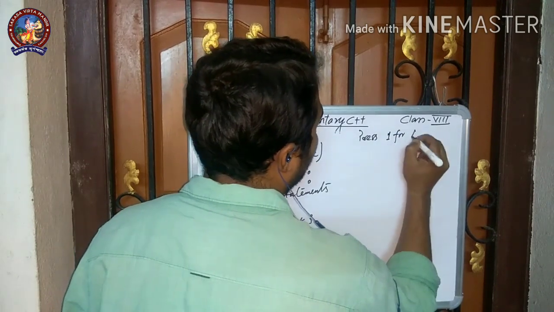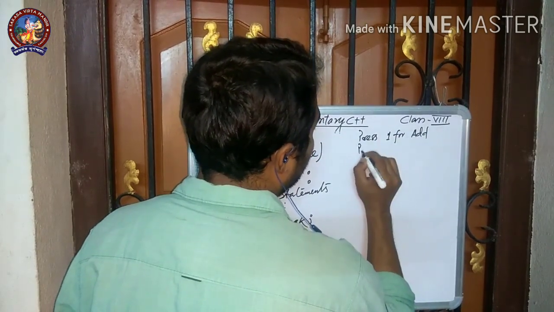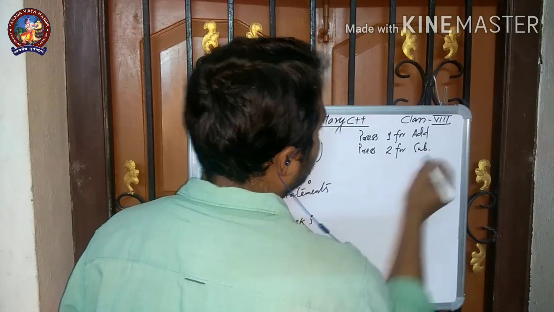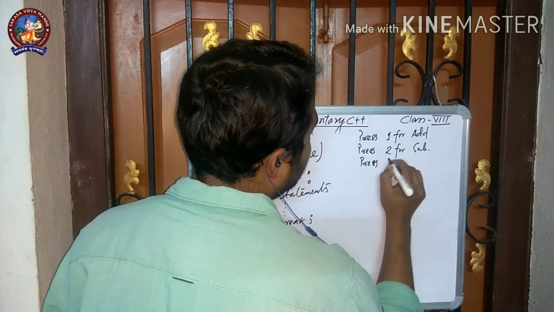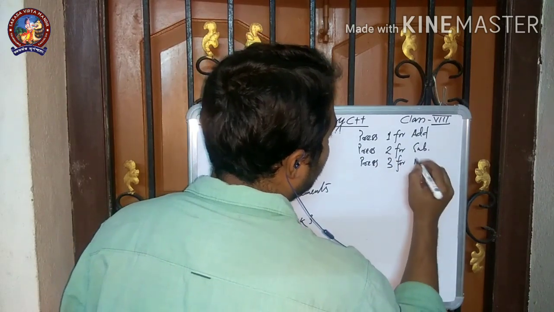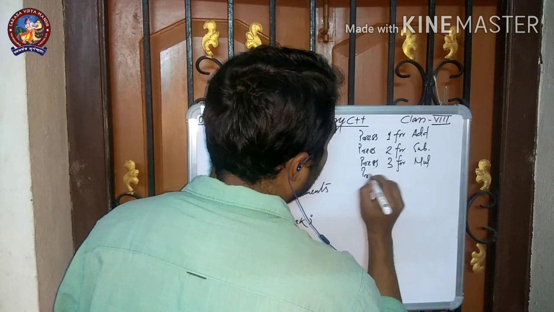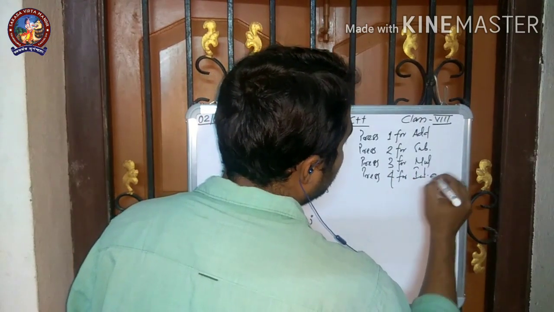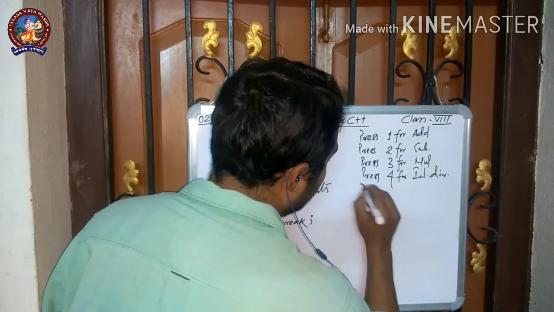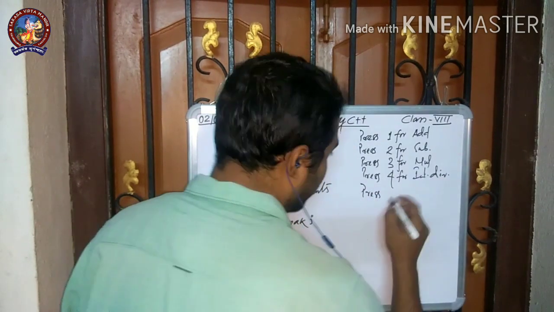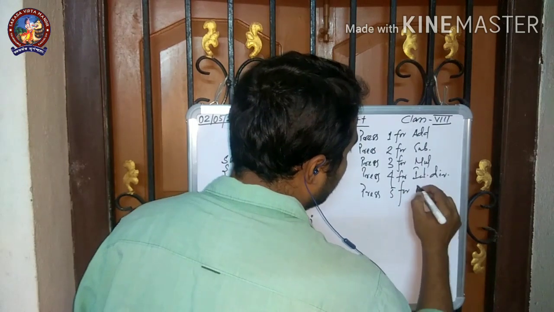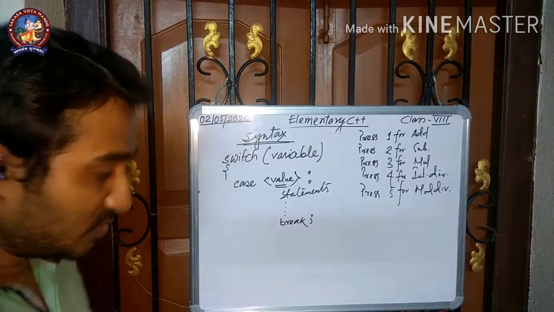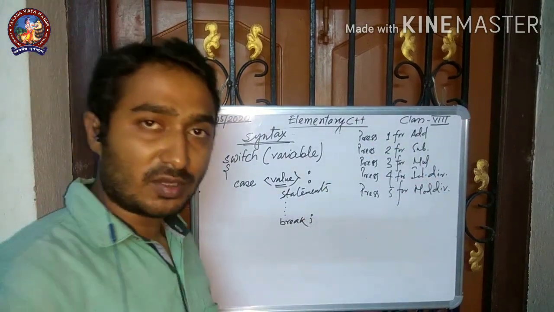Press 1 for add, press 2 for subtract, press 3 for multiplication, press 4 for integer division, as we have integer division in C++, and press 5 for modular division. Based on the user's choice, we will perform these operations.